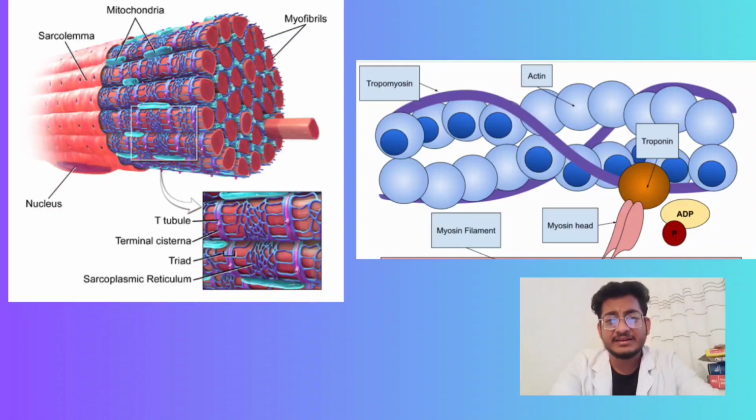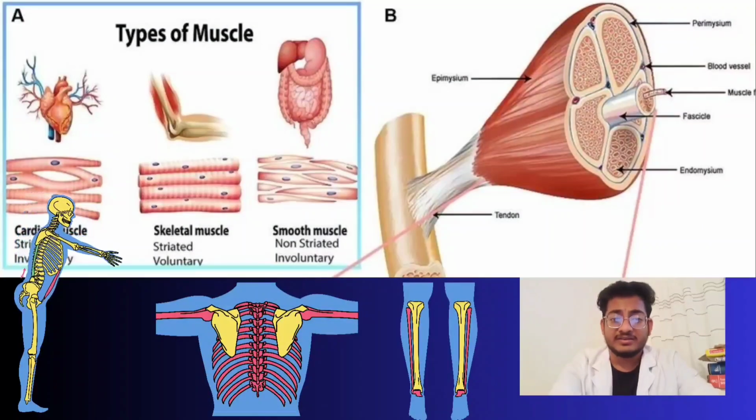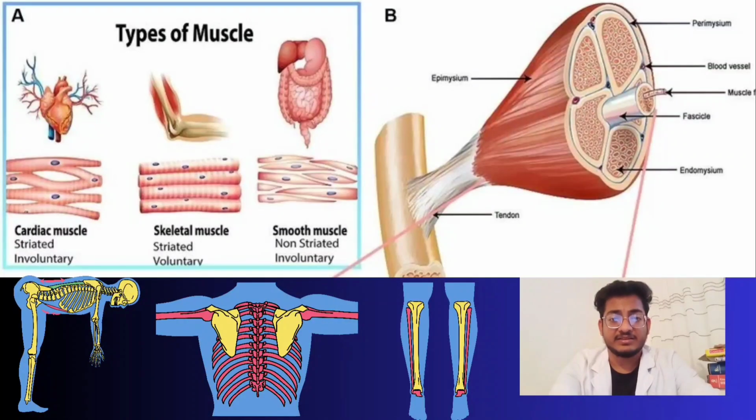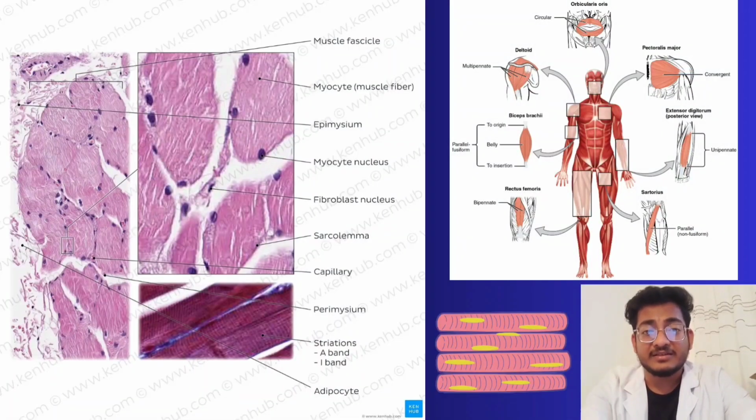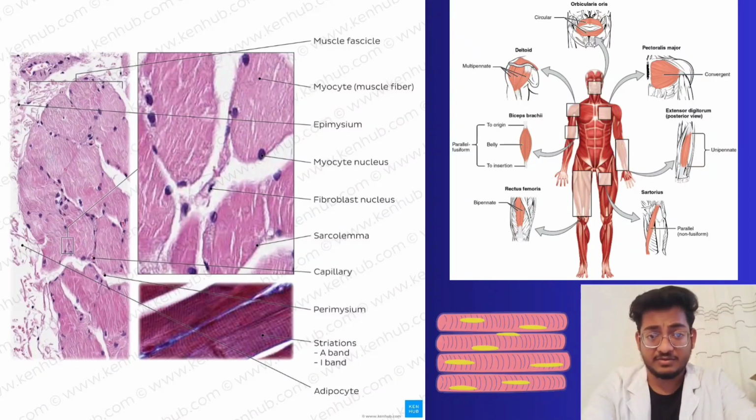Now, muscle tissue is classified as either striated, that is skeletal, visceral and cardiac, as I have already told, or non-striated, that is smooth. Now I will tell you about skeletal muscle, as shown in the diagram on the screen.